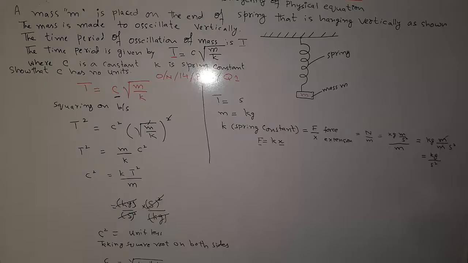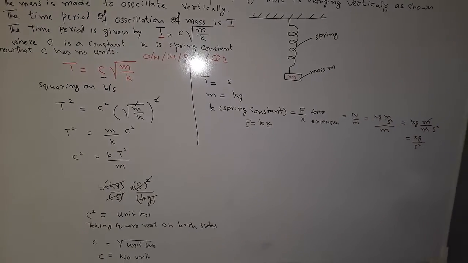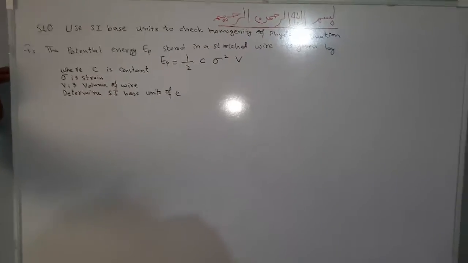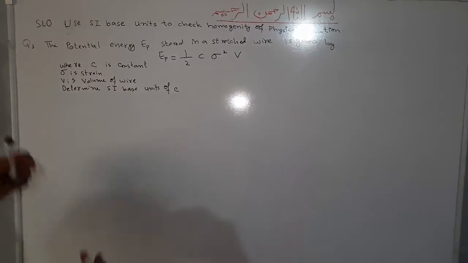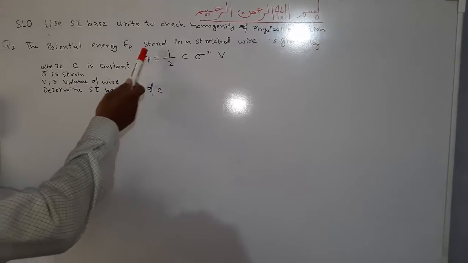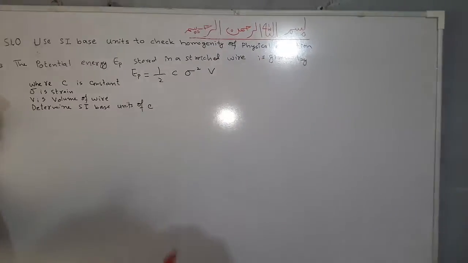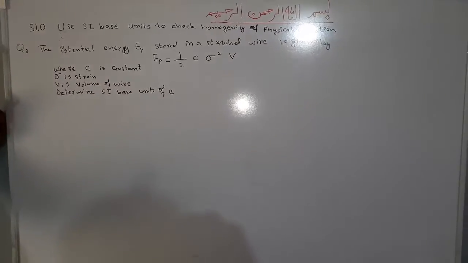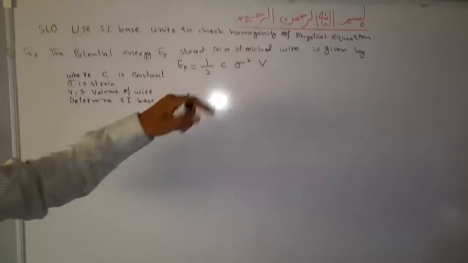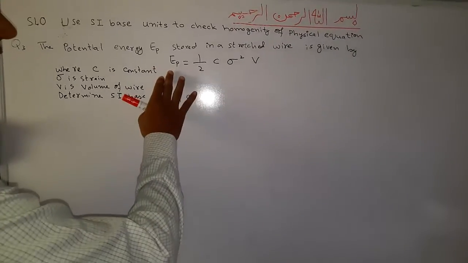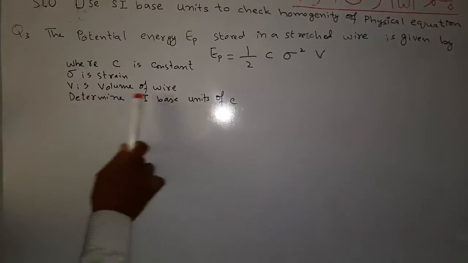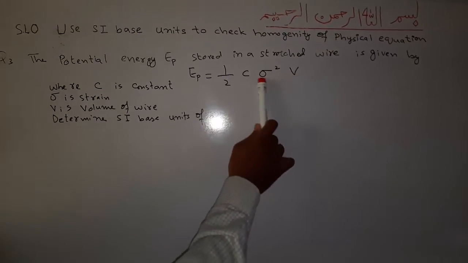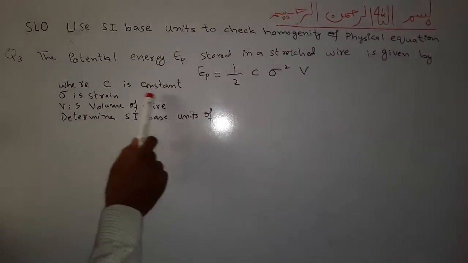Now we will move to the third question. Let me have the third question related to the same SI base unit to check homogeneity of a physical equation. The potential energy EP stored in a stretched wire, meaning a wire that is being stretched, is given by this expression, where EP is the stored energy, V is the volume, sigma is the strain, and C is a constant.